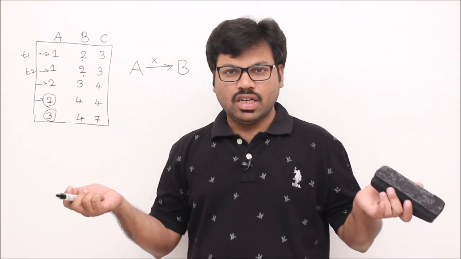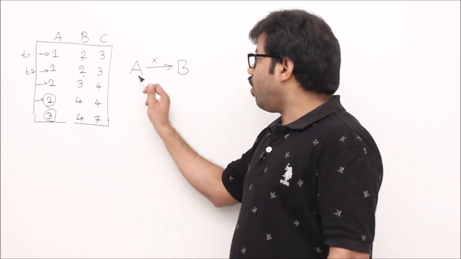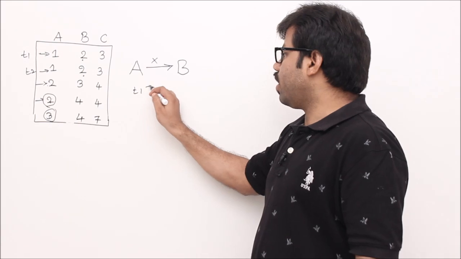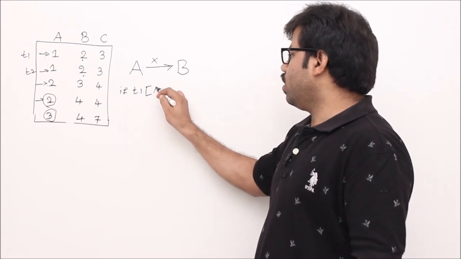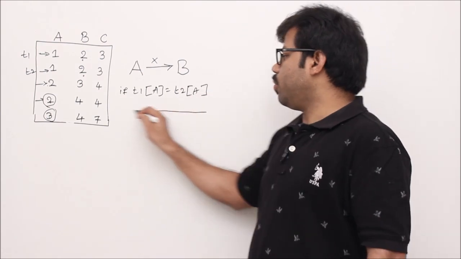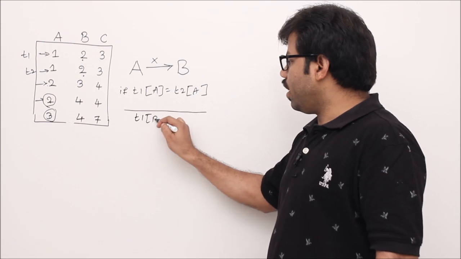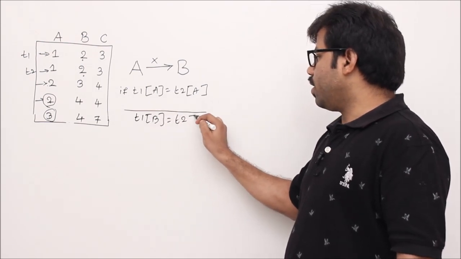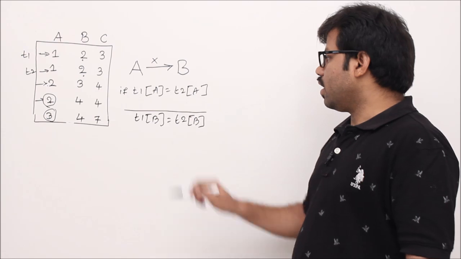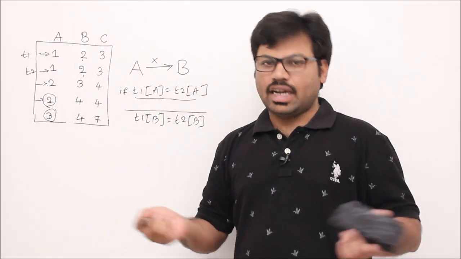Yes, it can happen. The only thing which cannot happen is this. Remember one thing, this is a rule: if tuple 1 of A equals tuple 2 of A, then only talk about tuple 1 of B and tuple 2 of B. So definitely tuple 1 of B equals tuple 2 of B. Remember one thing, whenever the premise is false, we can still say that the rule is satisfied.